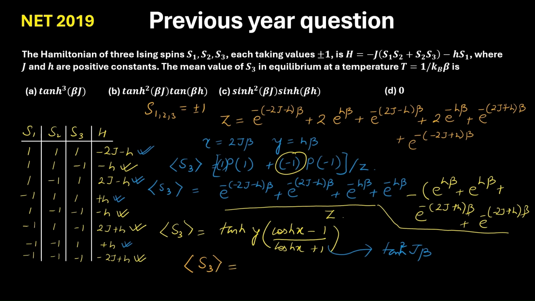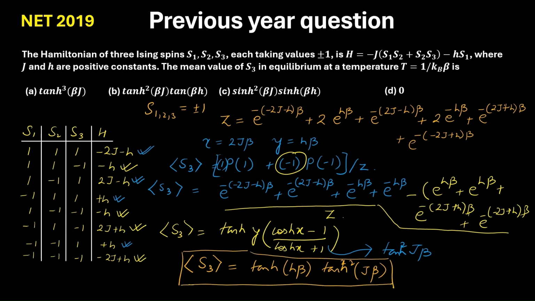So if I substitute this, you can get the final expression. The S3 average value will be equal to tanh of y, where y is h beta, into tanh squared of J beta. So this is the final answer.